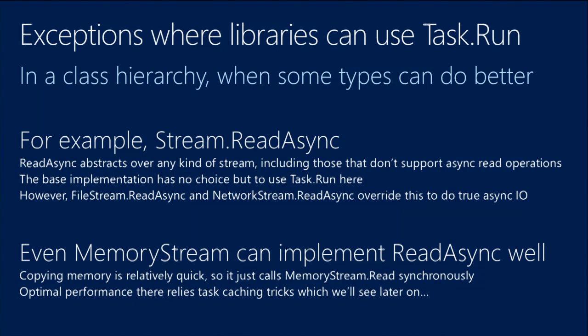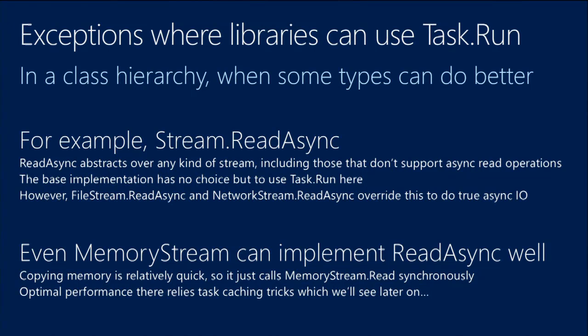There's one other case where we're going to be doing task.run inside our libraries. And this one's a bit subtle. Let me paint for you the picture of inside. When we're building the .NET Framework 4.5, we have the base class stream.